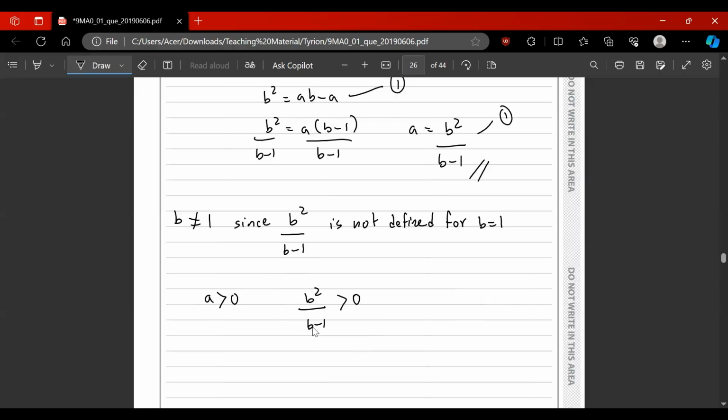And the condition to satisfy this would be b greater than 1. Because if b is less than 1 here, then this would be negative, and this condition would not be satisfied. Therefore, b greater than 1 is our answer. So each of these restrictions will give you 1 mark each. That's the end of question 9.